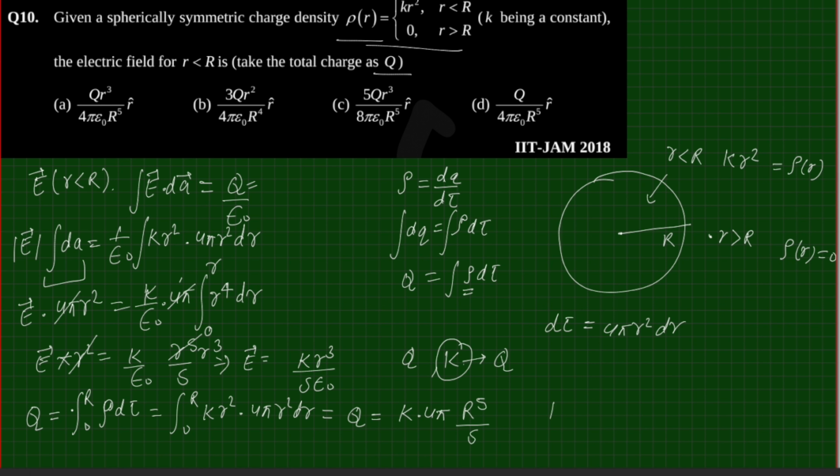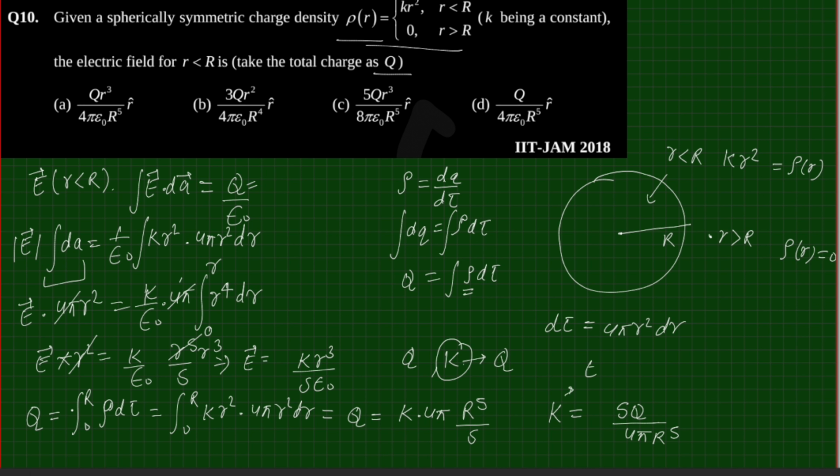So k I can write as 5 q over 4 pi R5, and put this k value in the electric field.